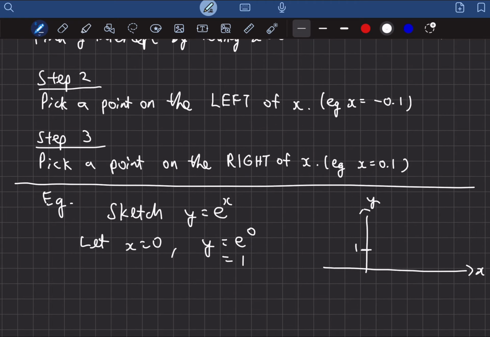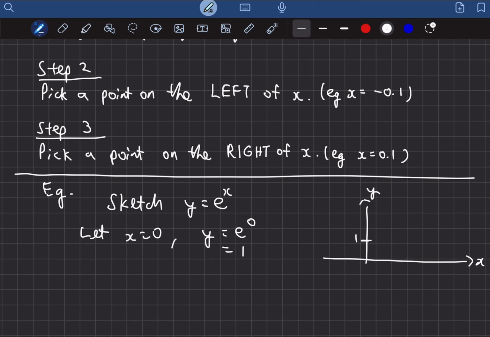Then step 2, pick a point on the left of x equals 0. Reason why we must pick a value on the left is to let us know whether the curve is in this manner or in this manner. So let x equals to negative 0.1.